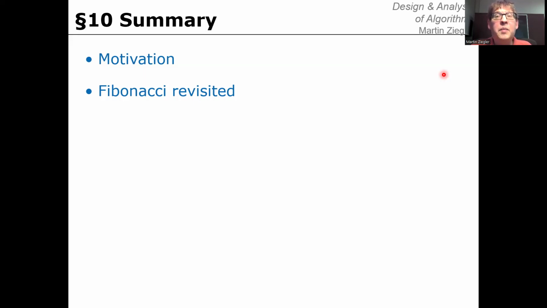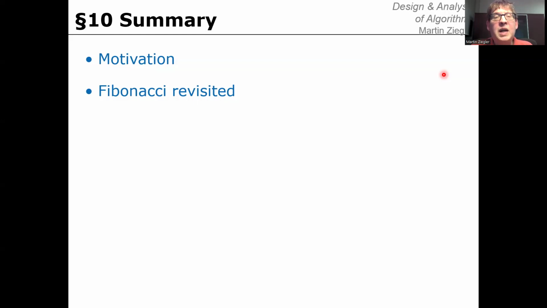We revisited them first counting the number of operations and more closely counting the number of bit operations, taking into account how large are the integers that are being added, being compared, being copied, and how large are the integers that are being multiplied using the famous world record algorithm of van der Hoeven.